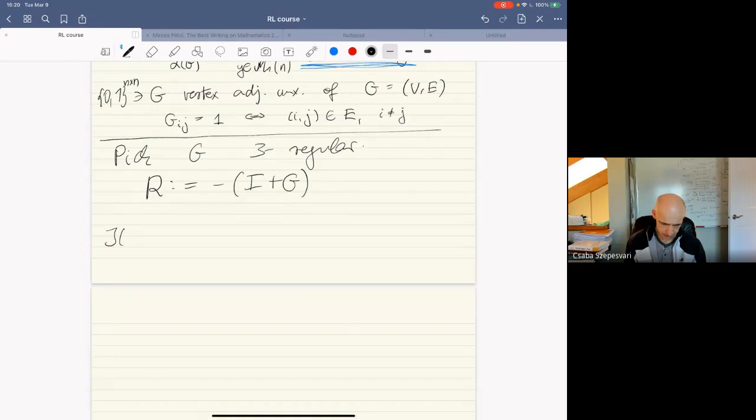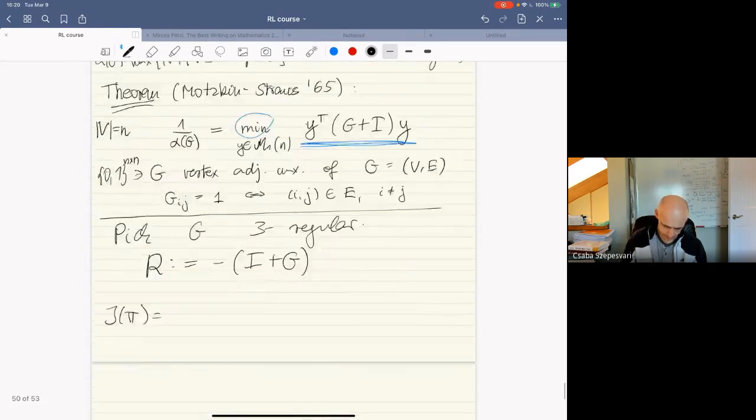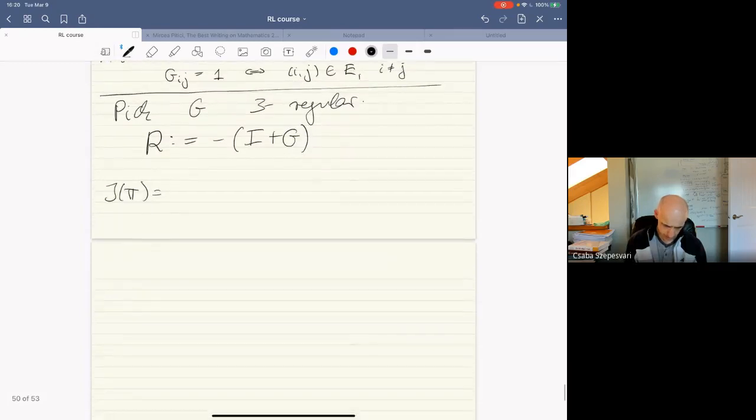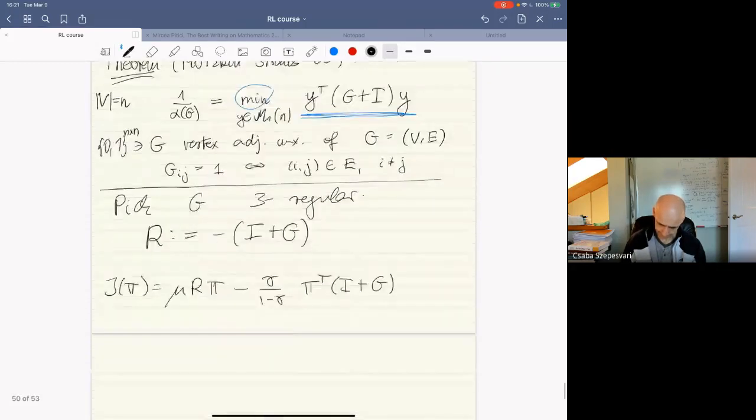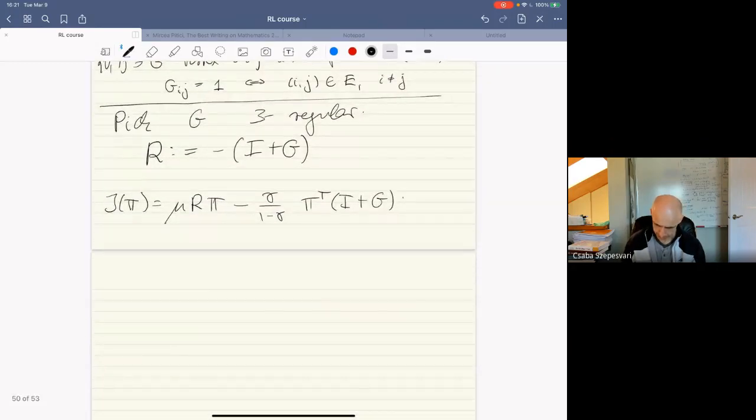J of pi is going to be mu transpose r pi plus gamma, or 1 minus gamma, well, maybe negative, and pi transpose (I plus G) pi.